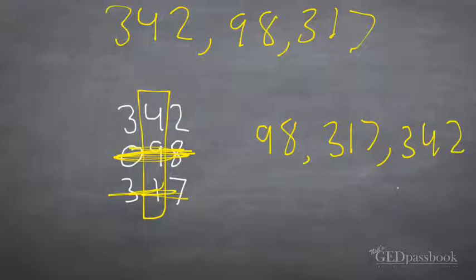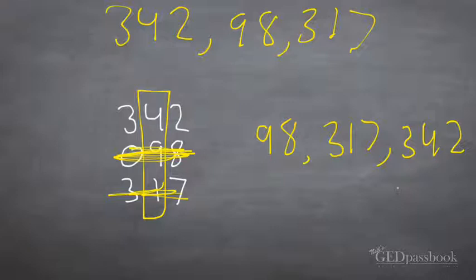Now, because we deal with money, we could look at a set of numbers and be like, that's smaller, that's smaller, that's smaller. But that's because we have grown up already having that in our head.